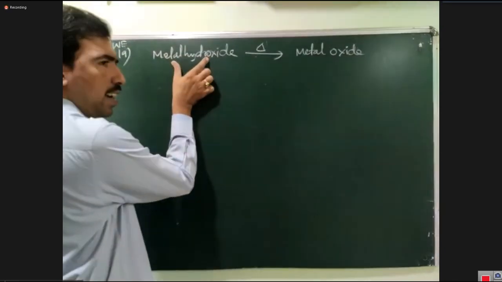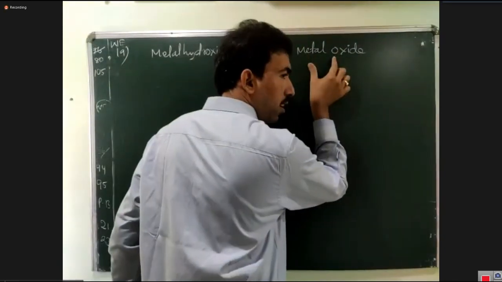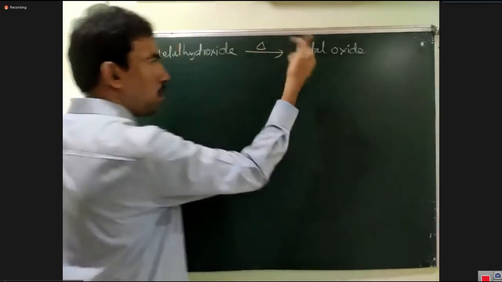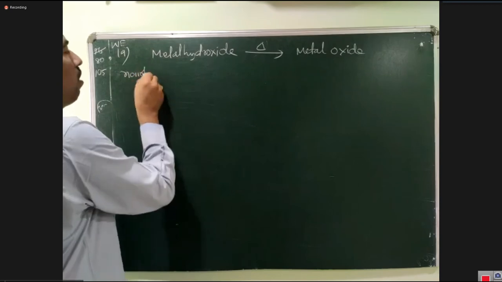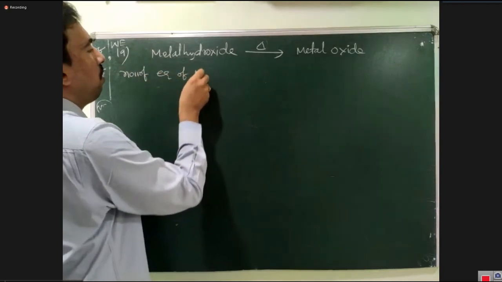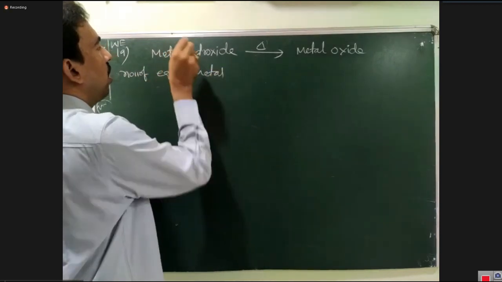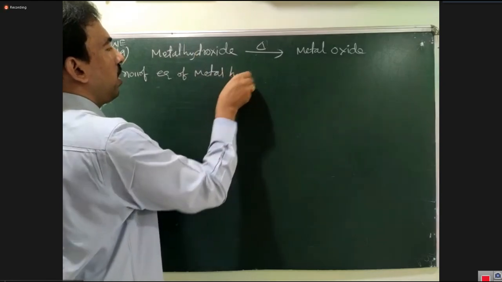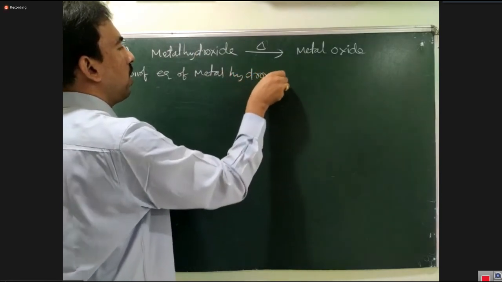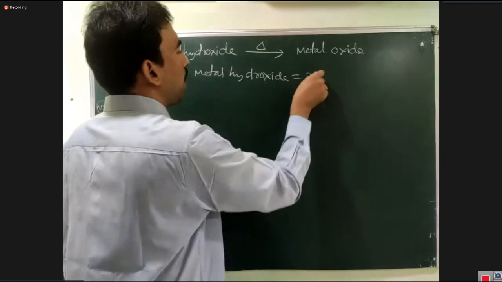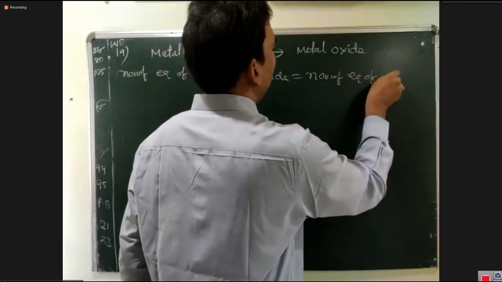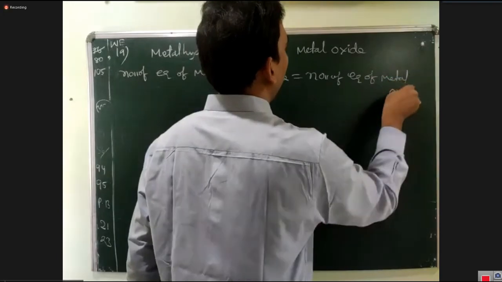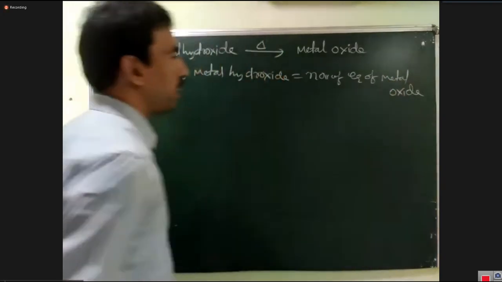Metal hydroxide is the reactant and metal oxide is the product. So the number of equivalents of metal hydroxide is equal to the number of equivalents of metal oxide.